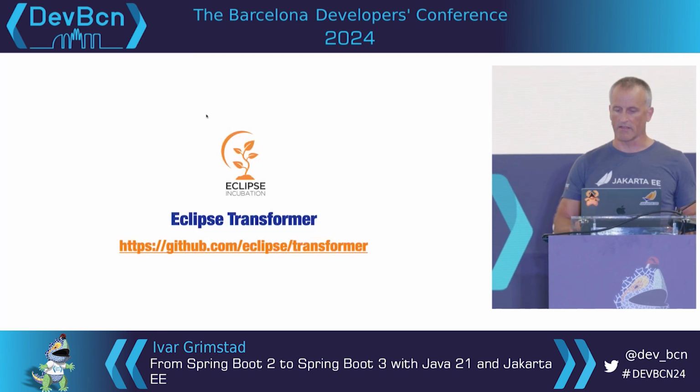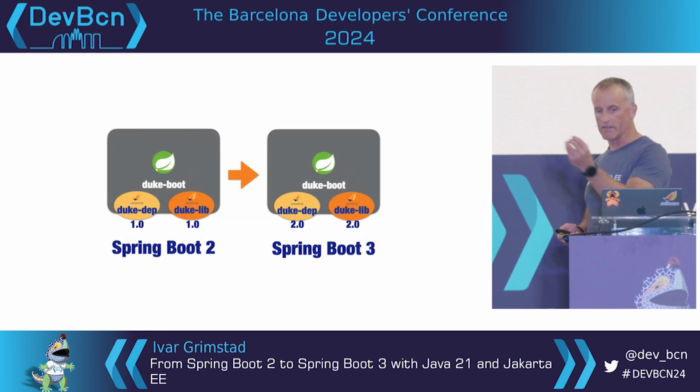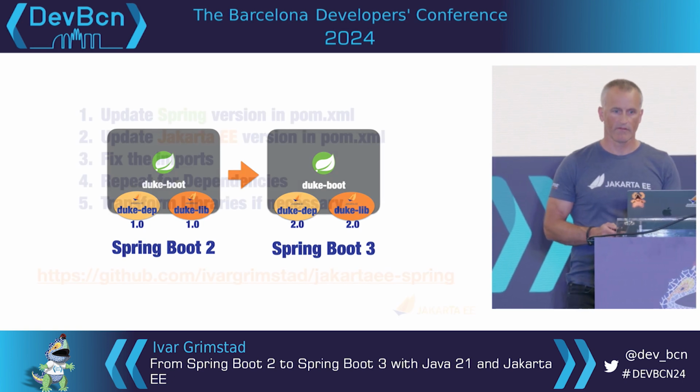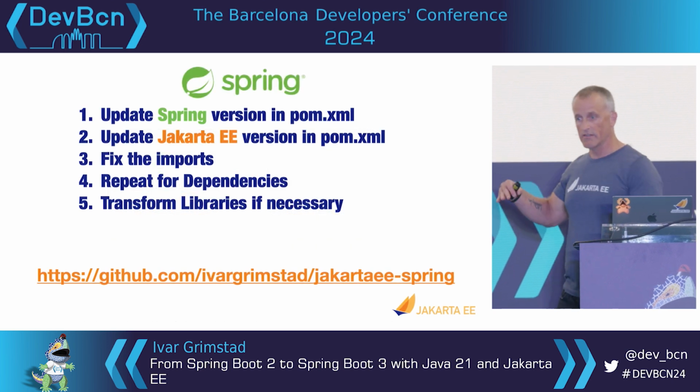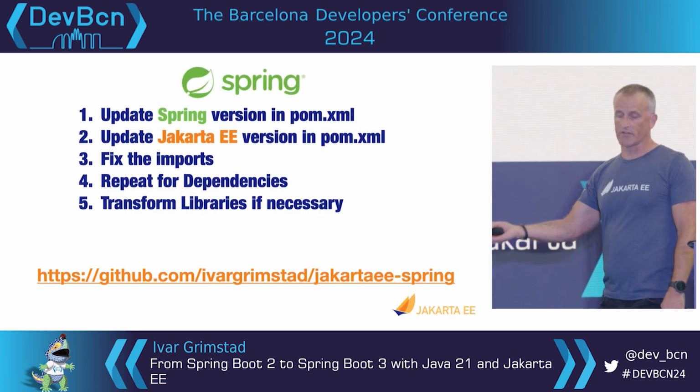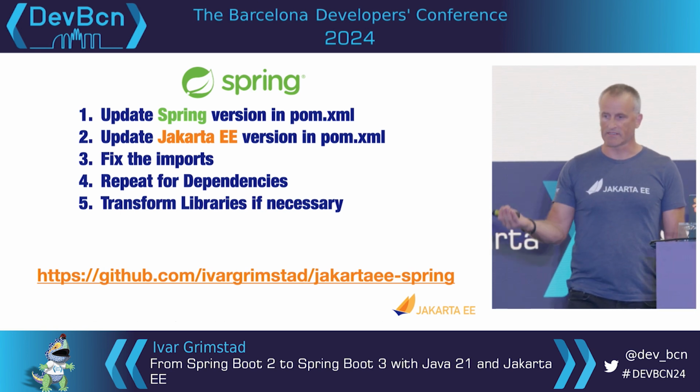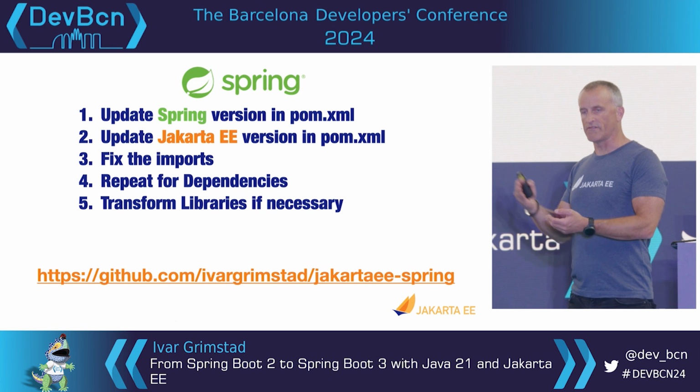But by doing the bytecode transformation and re-releasing the Duke lib and then building the way back, the list gets longer. It's update the Spring version, update the Jakarta EE versions if you have any, fix the imports, repeat for dependencies, and transform the libraries if necessary.